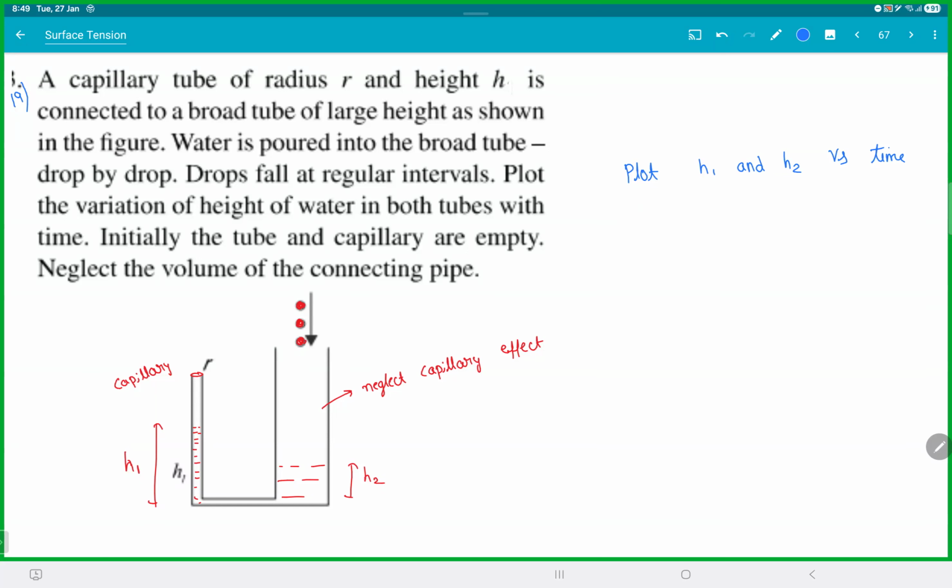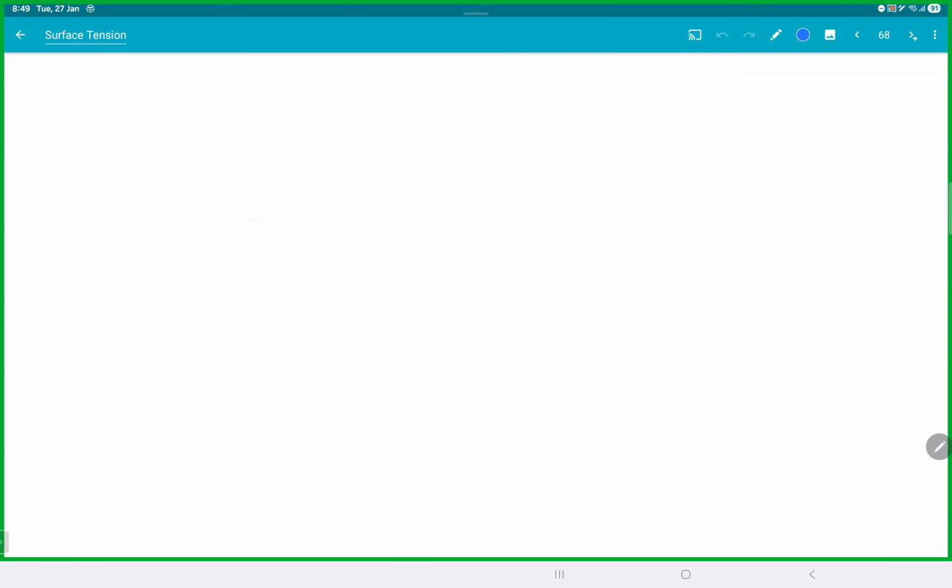Let's see. So let's put the picture there and see what happens. Let's understand the whole scenario before even jumping into the graph.